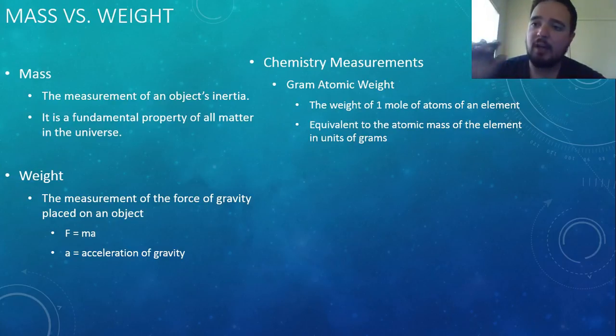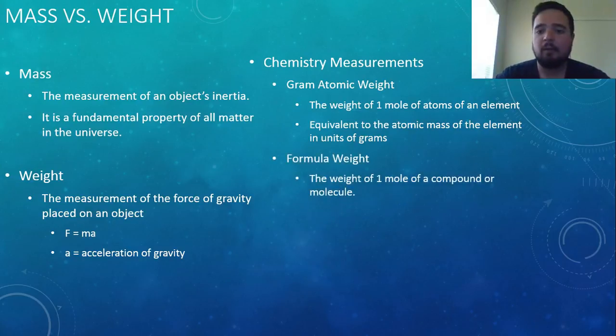We know that each hydrogen atom weighs 1.01 AMUs. But the gram atomic weight, the weight of 6.02 times 10 to the 23rd atoms of hydrogen, is equivalent to 1.01 grams. So 1 mole of hydrogen is equivalent to 1.01 grams.